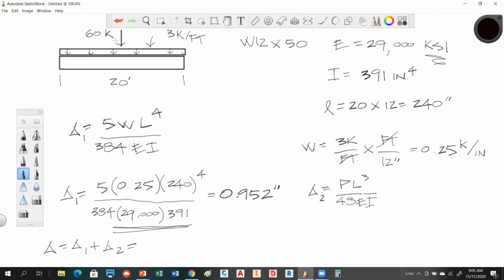So by putting this at mid-span plus having that uniform loading rate, we can see what's going on. This is really just a plug and chug again. 60 times 240 cubed divided by 48 EI. Let's see what we come up with here.